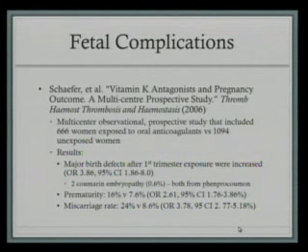So Schaefer also did a prospective study comparing the exposure of anticoagulants in women versus those that were unexposed. They saw that major birth defects after the first trimester were increased, with an odds ratio of 3.89. Now this multi-center study was all in Europe, so they have different types of oral anticoagulants used, because we use warfarin here in the States.